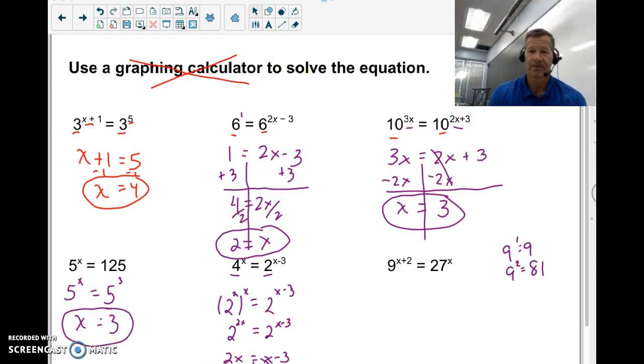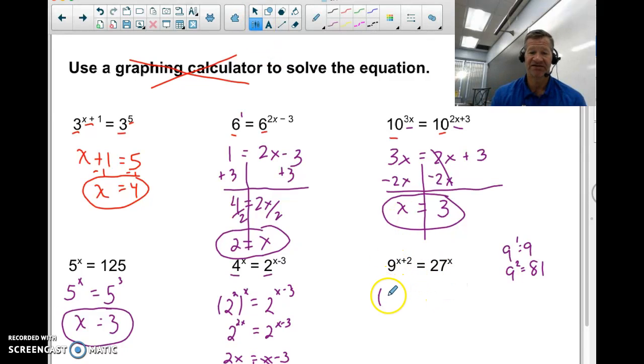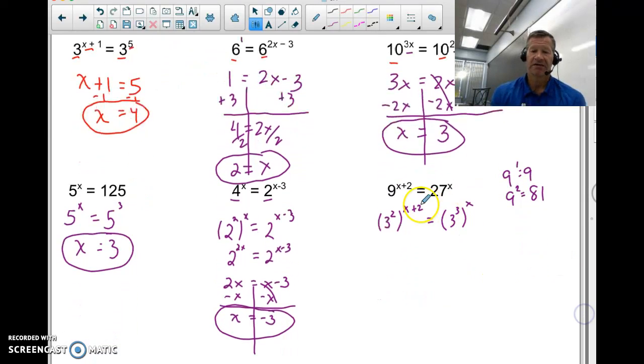So 9 and 27, we said, are both powers of 3. 9 is 3 to the second, which is then raised to the x plus 2. And 27 is 3 to the third, which is then raised to the x. Now, the tricky part is, remember, when you raise a power to a power, you have to multiply the exponents together.